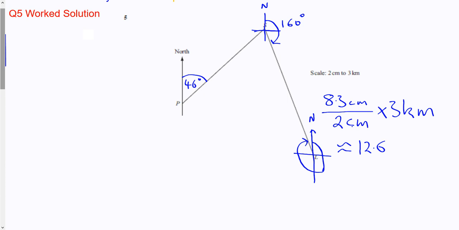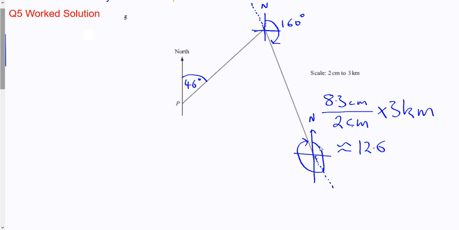What we can do here is imagine this is a straight line, and this straight line goes on forever in both directions. What we can see here is that from here to here, this is also 160 degrees. If that's a straight line, we know it's going to be 160 degrees from here, and from here all the way over to there is 180 degrees.